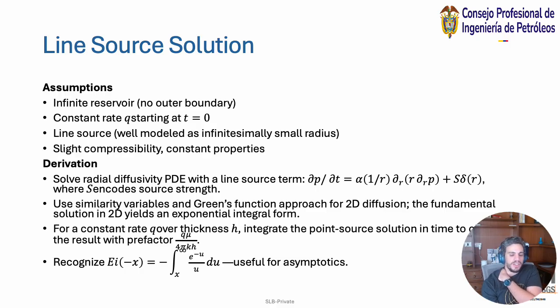And one thing you can take away is that for early times, so for the first incremental steps of t or at a given small r, this exponential integral function can be approximated, which gives you a simpler log time solution.